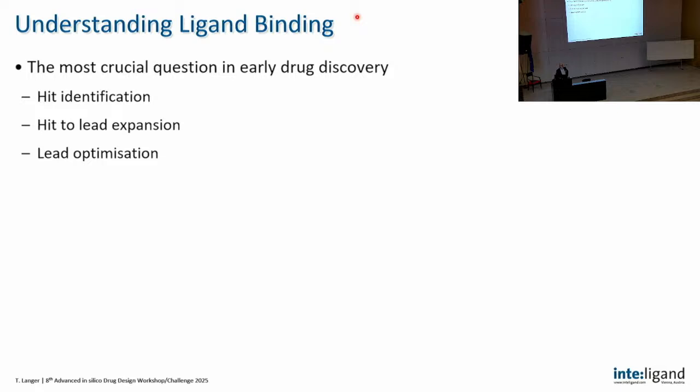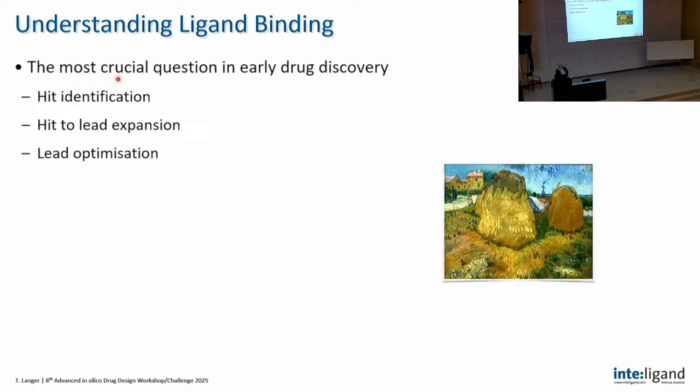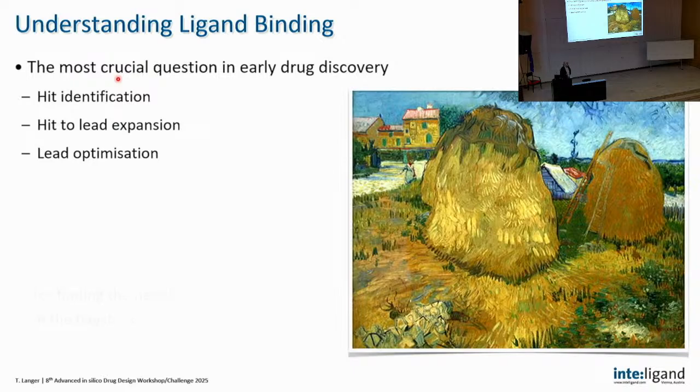But we need to answer these questions in early drug discovery, especially in hit identification, hit to lead expansion, and lead optimization. And it's always like finding a needle in a haystack, right? I will get back to this picture a few times during this lecture, because we believe that you need really good methods to find the needle in this big haystack. And now the trend is to make the haystack even bigger, because there are so many compounds that can be made and are already in the virtual space.